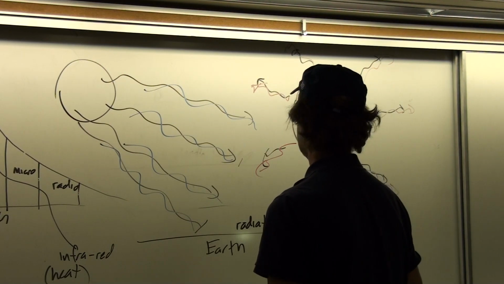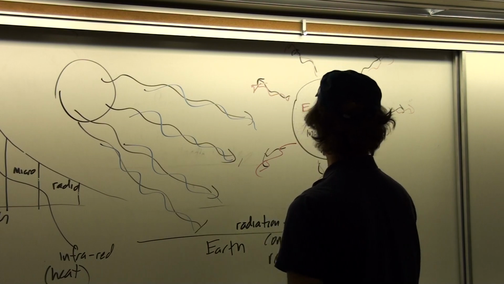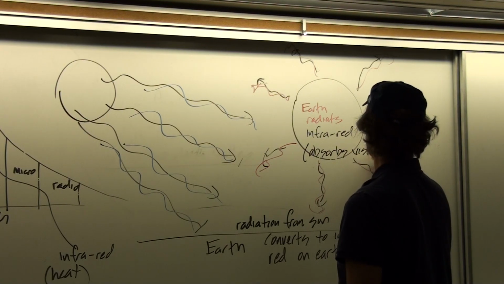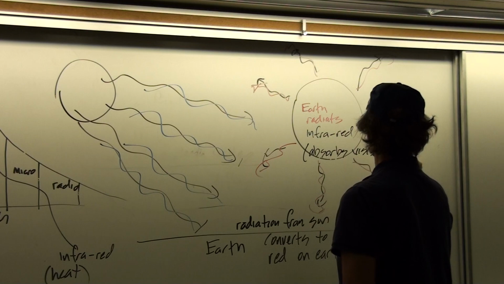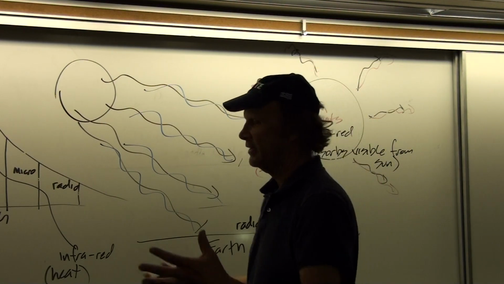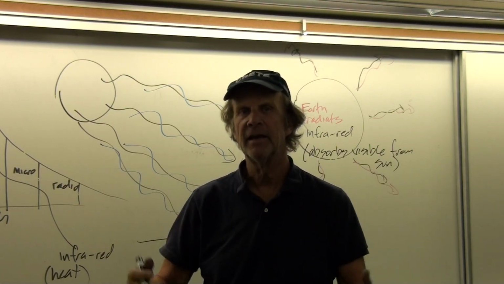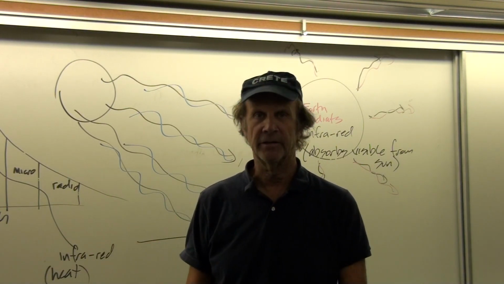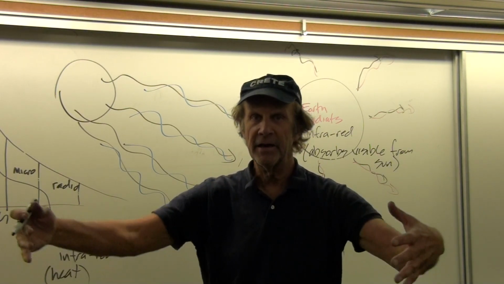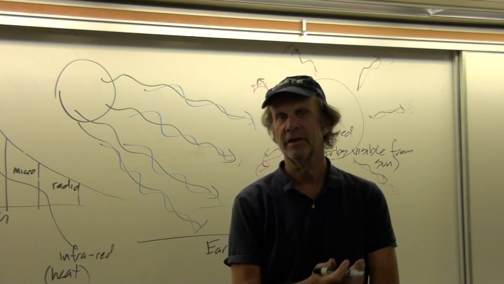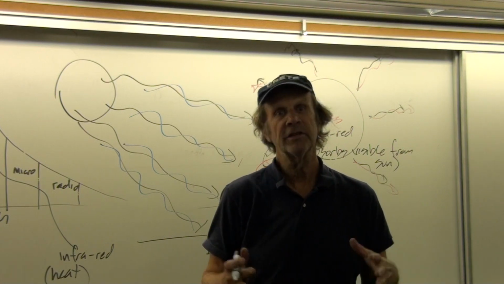So the earth heats up and radiates heat that it absorbs, visible from the sun, mostly. So it's this process of the earth converting the visible light into infrared that helps to drive our weather patterns. And so the amount of energy that comes in from the sun has to equal the amount that goes out from the earth. If it doesn't, then the earth would continue to heat up.